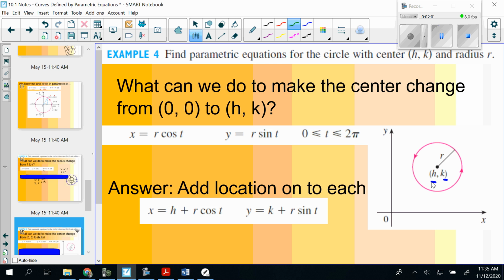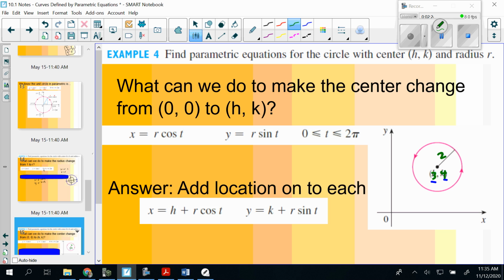So let's say we wanted to graph a circle here with a center at the location 3, 4, and let's say we wanted to have a radius of 2.